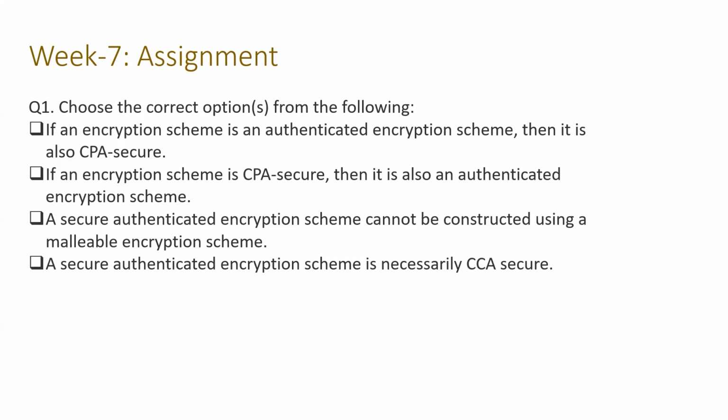Then we move forward to authenticated encryption, where apart from CCA security, there is another concept of ciphertext integrity. What we want is that the adversary should not be able to produce a valid ciphertext that it has not seen previously through the query phase, that is, from the responses of the encryption oracle.